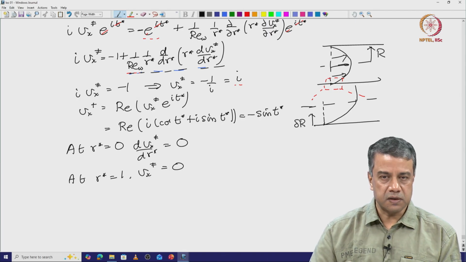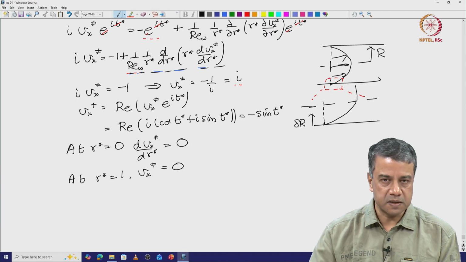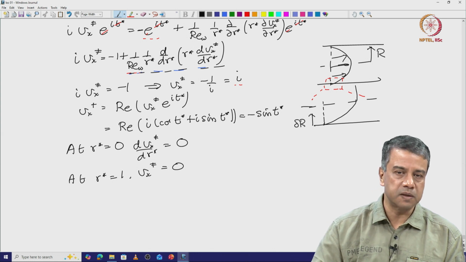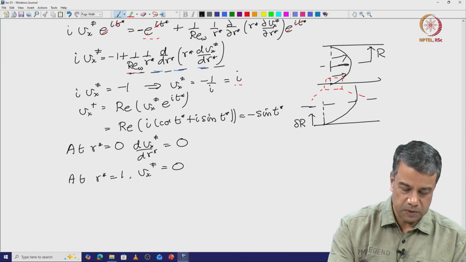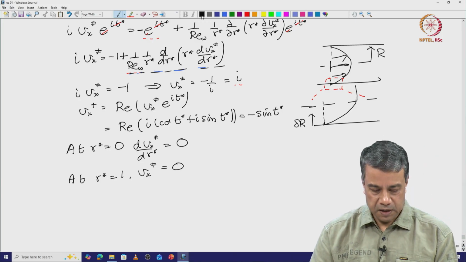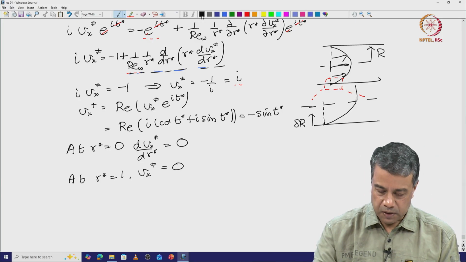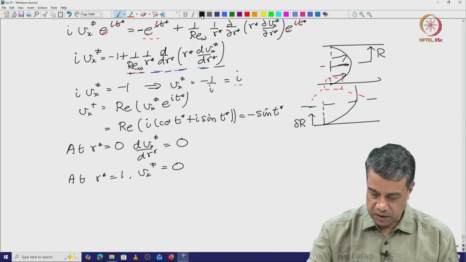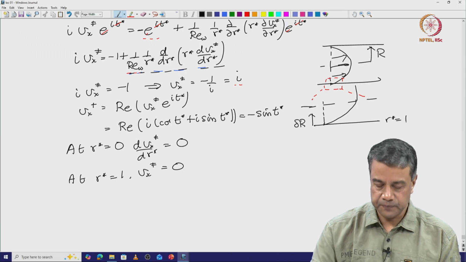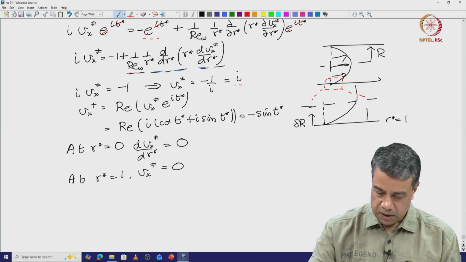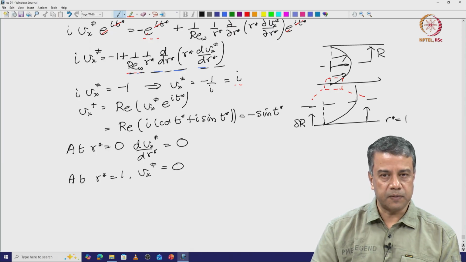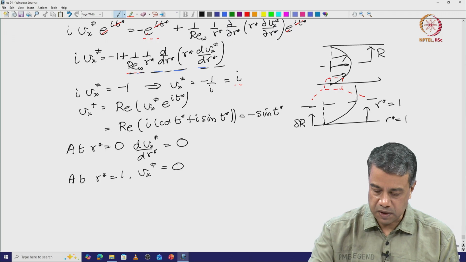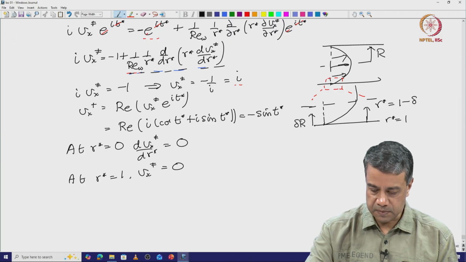In the limit, as the Reynolds number becomes large, this delta becomes smaller and smaller in such a way that momentum diffusion is comparable to all the other terms in the equation within that thin region. I can define a coordinate perpendicular to the wall, where the wall is r star equal to 1, as r star is equal to 1 minus delta times w.